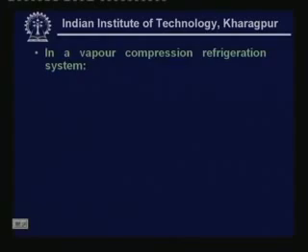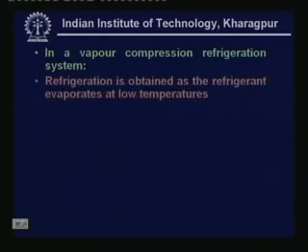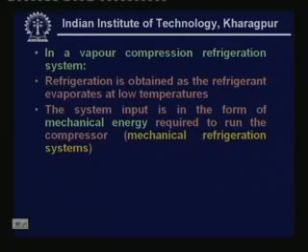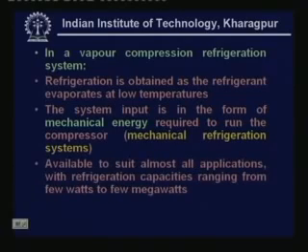In a vapour compression refrigerant system, refrigeration is obtained as the refrigerant evaporates at low temperatures. The system input is in the form of mechanical energy required to run the compressor, hence these systems are also known as mechanical refrigeration systems. Vapour compression refrigerant systems are available to suit almost all applications with refrigeration capacities ranging from few watts to few megawatts. That means this is one of the most versatile refrigeration systems.